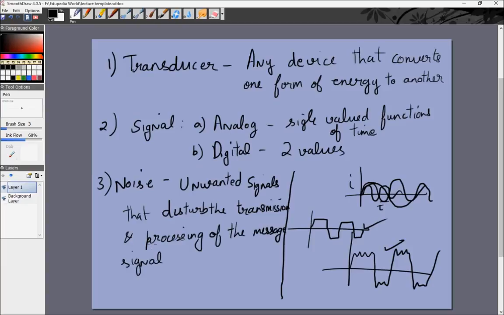So when you're converting the message signal to the transmitted signal, or when you're converting the received signal back to the message signal, you can have unwanted disturbances which are generally referred to as noise.